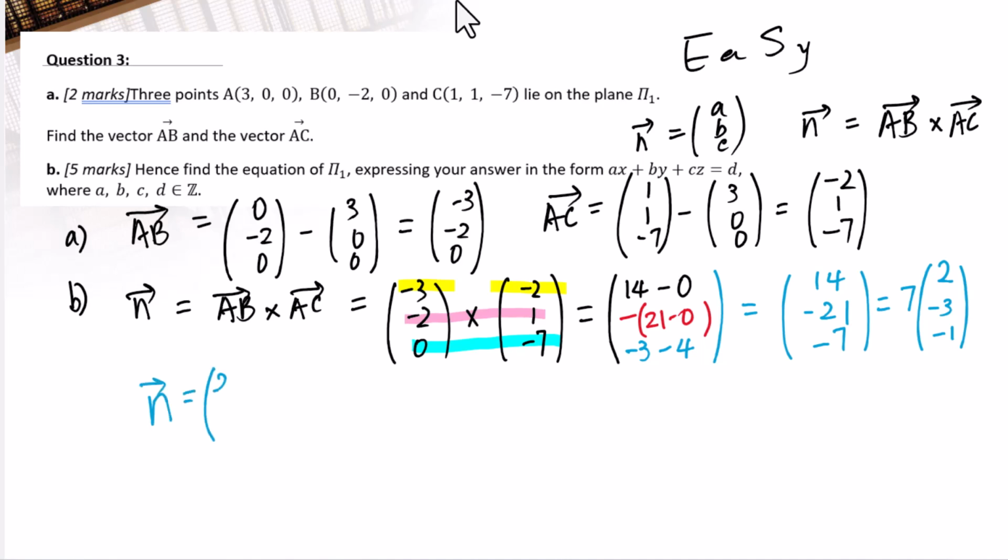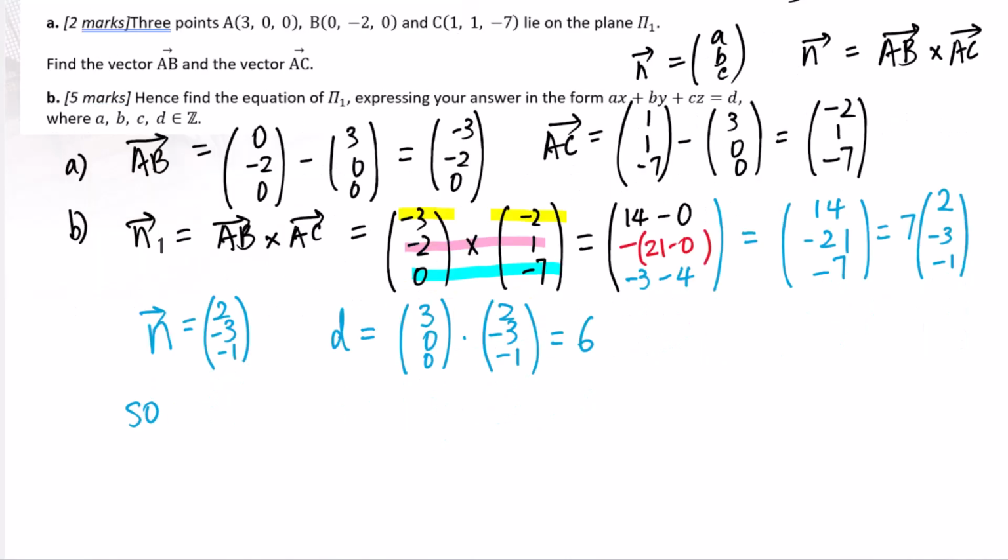So let's label vector n1 equals vector AB cross vector AC. This d equals position vector dot this normal vector. We will use position vector OA, which is (3, 0, 0), dot normal vector (2, -3, -1), equals 6.